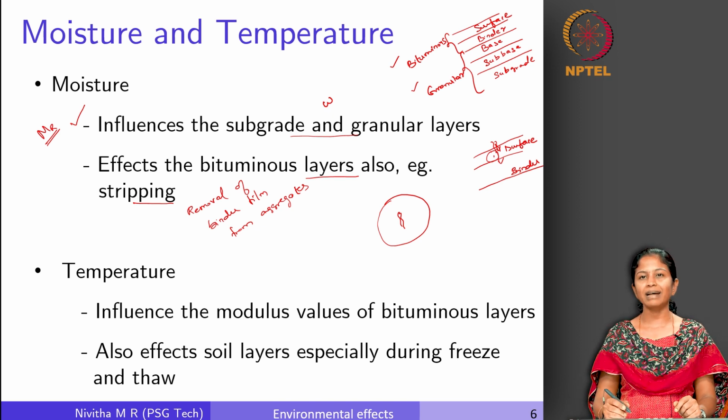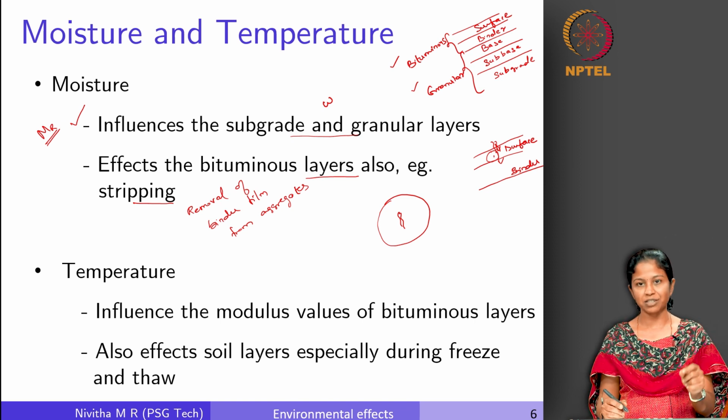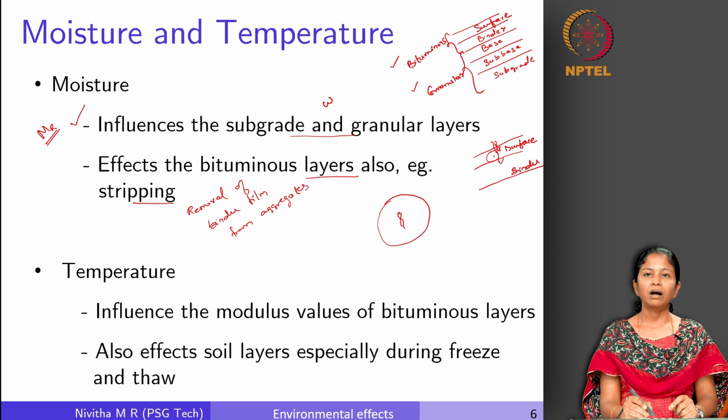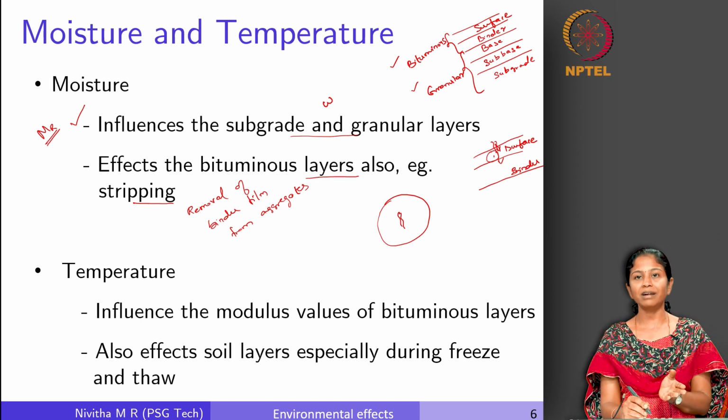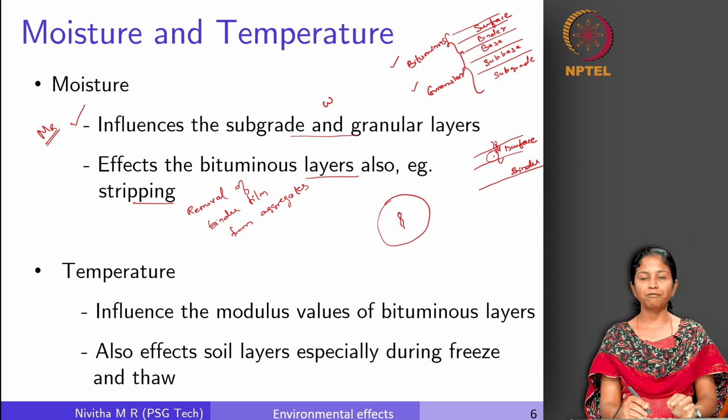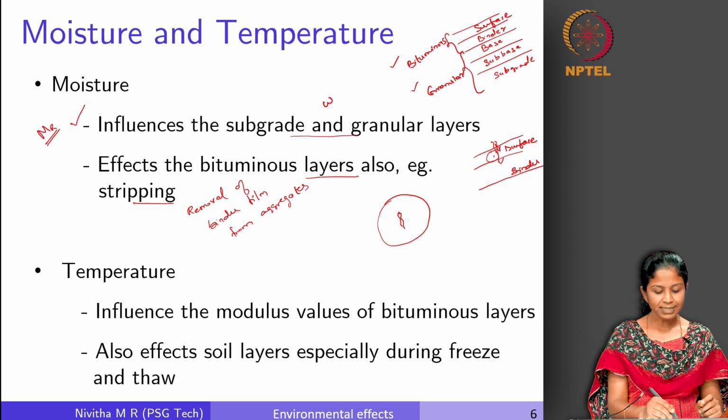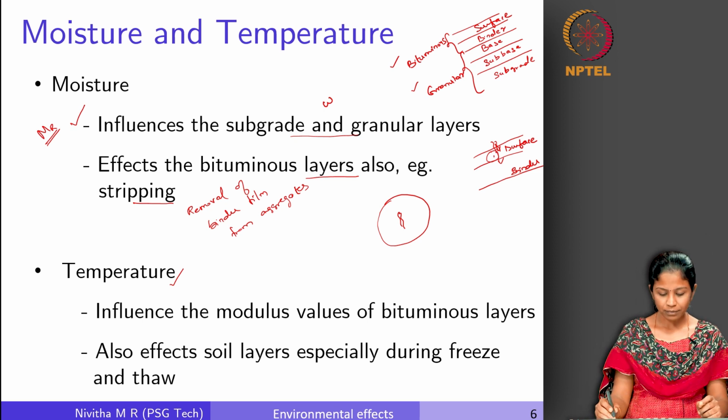But it does not have any significant influence on the modulus of the bituminous layer as such. So will we see any change in modulus because of this stripping effect? Not actually. It is only going to influence the distress. It causes a lot of other effects because of which the modulus may reduce, but directly it is not going to influence the modulus. The next is the effect of temperature.